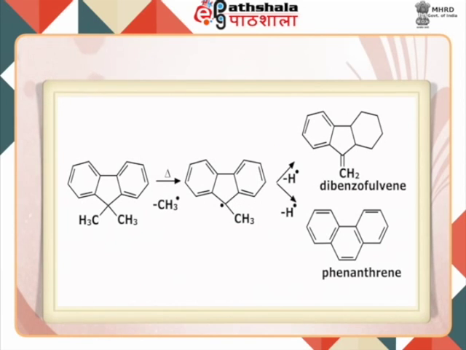You can clearly see in this example that there is first removal of the CH3 radical, so that you get the radical at this particular position, and out of this there can be removal of the hydrogen free radical to give you an exocyclic double bond, or there can be rearrangement and then the removal of the hydrogen radical happens, and as a result you get this aromatic phenanthrene system.